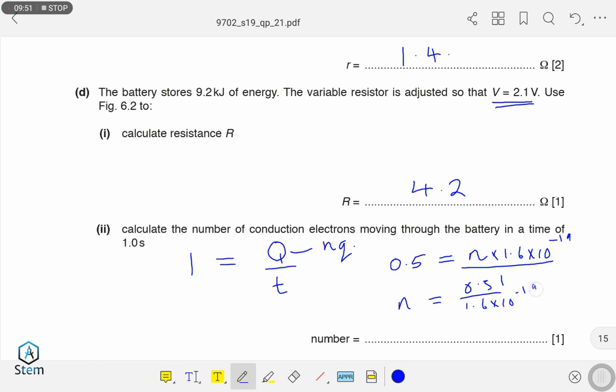If we punch these values in the calculator, we will get our n being equal to 3.1 times 10 to the power 18. So we have 3.1 times 10 to the power 18 electrons, which are passing through a particular point in a time of 1 second.